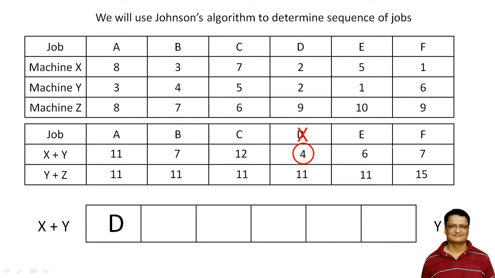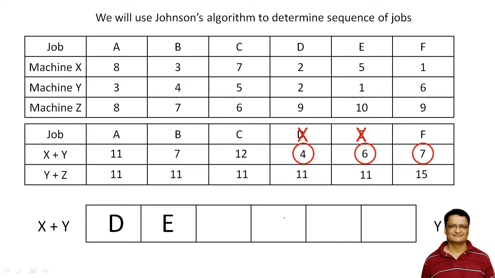From the remaining matrix I look for the smallest value. 6 is the smallest value, which corresponds to job E and again to the X plus Y value. So I put E at this location and cross out job E. Again I look for the smallest value.